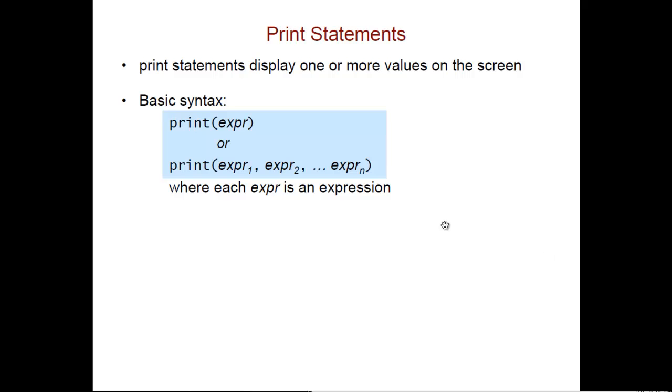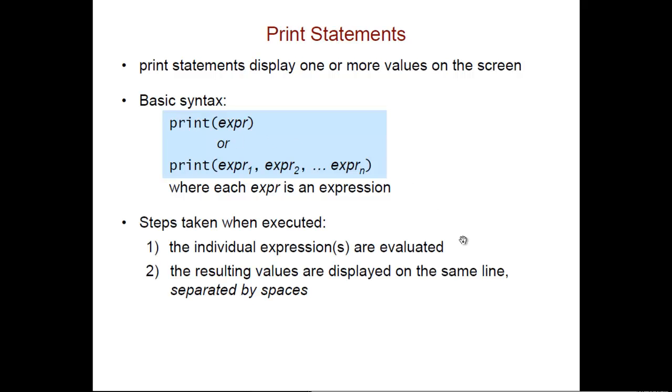Print statements begin with the keyword print, and then in parentheses we have one or more expressions separated by commas. Those expressions are evaluated first, and then the resulting values are displayed on the same line, separated by spaces. For a blank line, we can just omit the expressions, but you still need the parentheses.